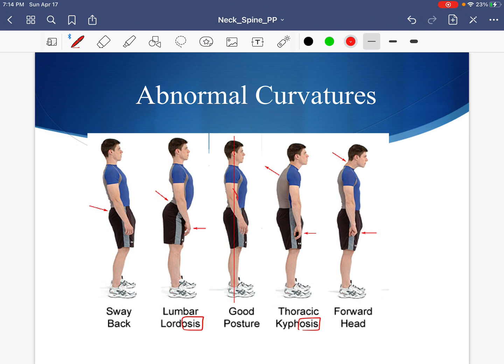The lordotic curve should be that. But if it's too much, if it's exaggerated, we don't call it lordotic, we call it lordosis. One way to think about that exaggerated lordosis would be to think about the sway back. That's the quote unquote sway back.